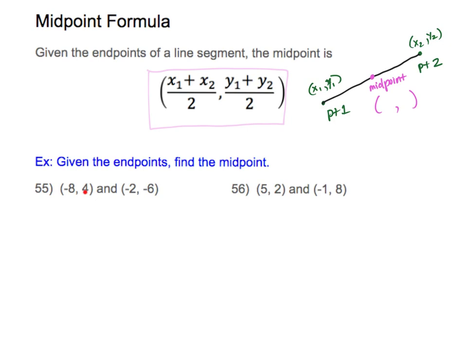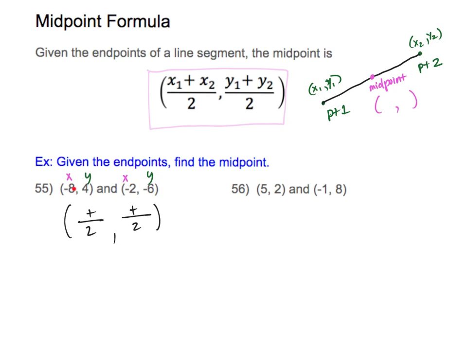So here are 2 endpoints that we're given. We need to figure out what's the midpoint. So given that, this is my x value, this is my x value. X's always come first. And so here's my y value. So if I were to use this formula, I'm just going to set it up first, divide by 2.